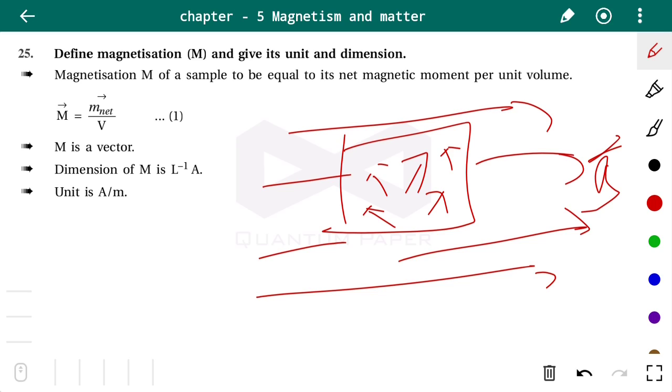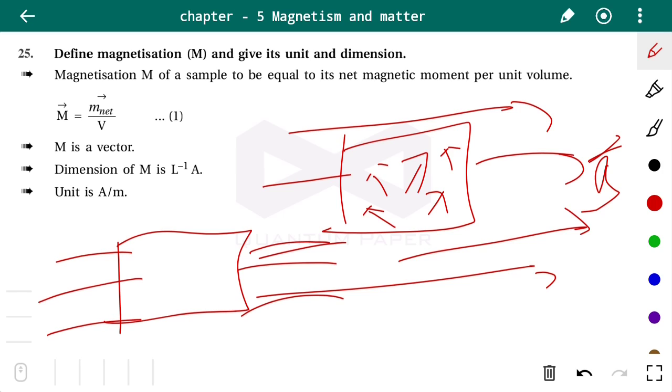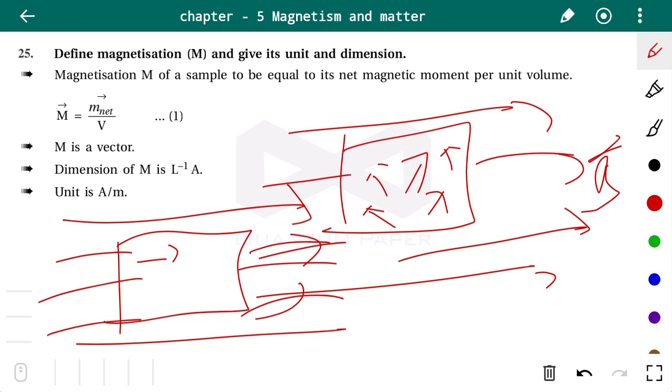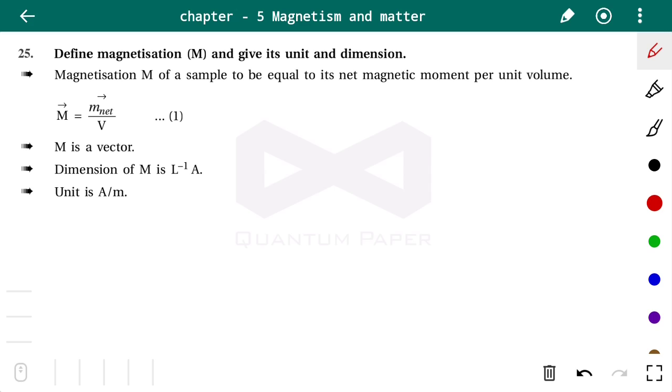So the magnetic moments get aligned along the direction of the field.